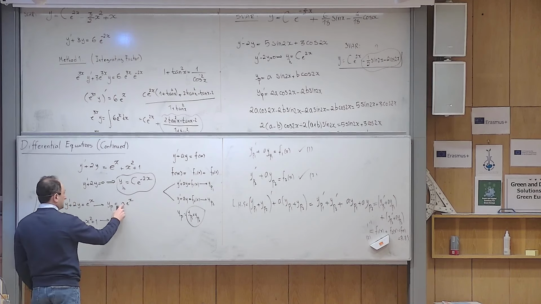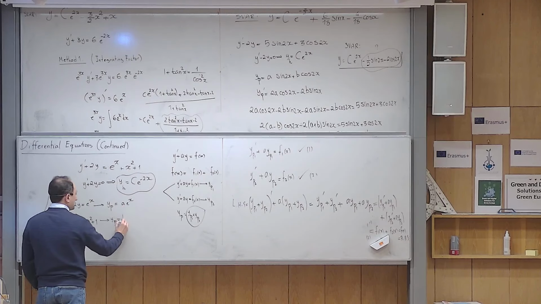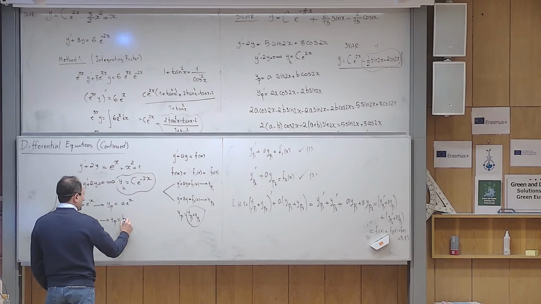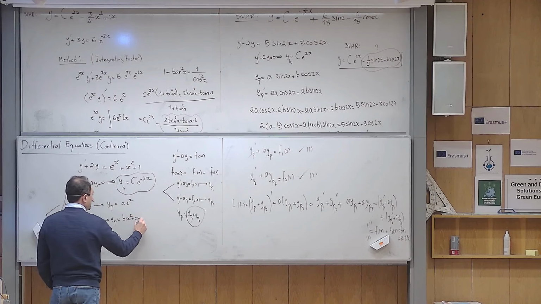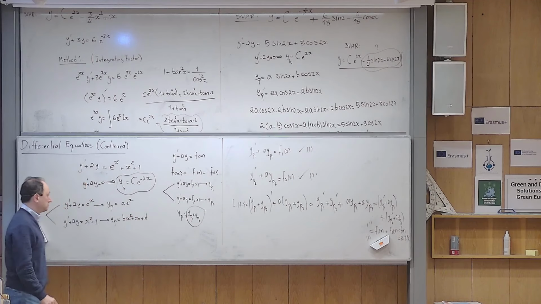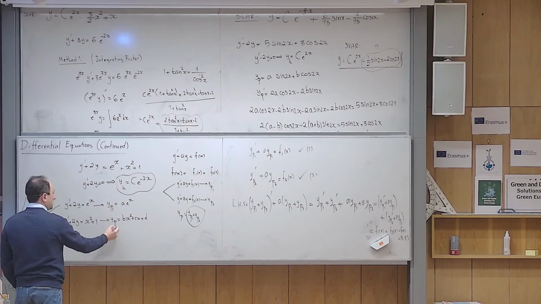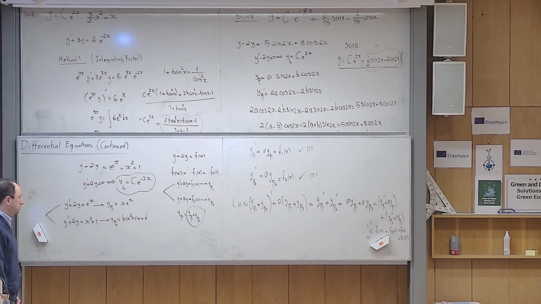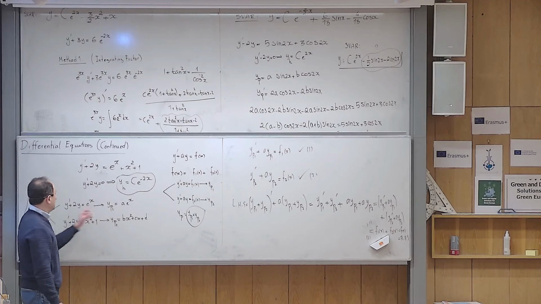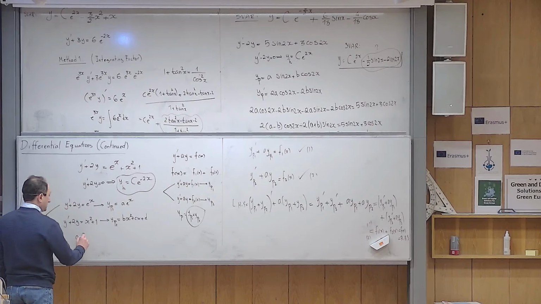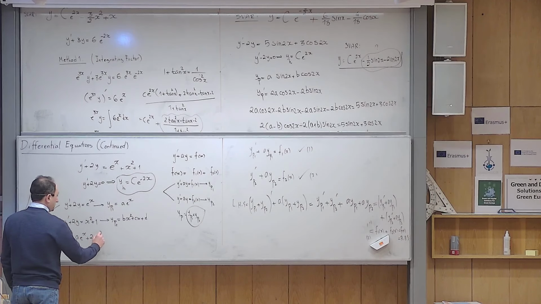I already used letter a here, so let me start with b: b x squared plus c x plus d. If you want, you can write yp1, yp2, it doesn't matter. But let us just do it fast, because if I put y prime here, it becomes the same function, plus 2 times y becomes 2a e to the power x.